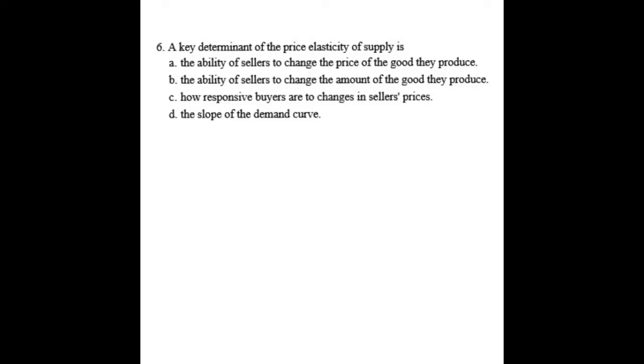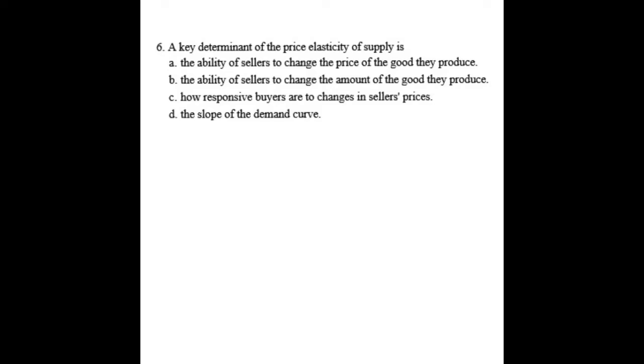Let's remember, what are we talking about when we're talking about measuring price elasticity of supply? We're talking about how suppliers respond to a change in price. So we've got the items C and D, how responsive buyers are to changes in prices, the slope of the demand curve. Those are all focused upon price elasticity of demand.